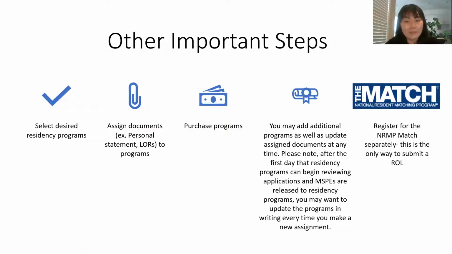I've heard that some programs will go in on December 21st, for instance, which was the first date this year that programs were given access to see the applications on ERES. Some programs will print out all their applications the first day and go through them, and then they'll go back at another date and print them. I think every program does it differently. So basically you just want to update the programs every time you change your application in any way.